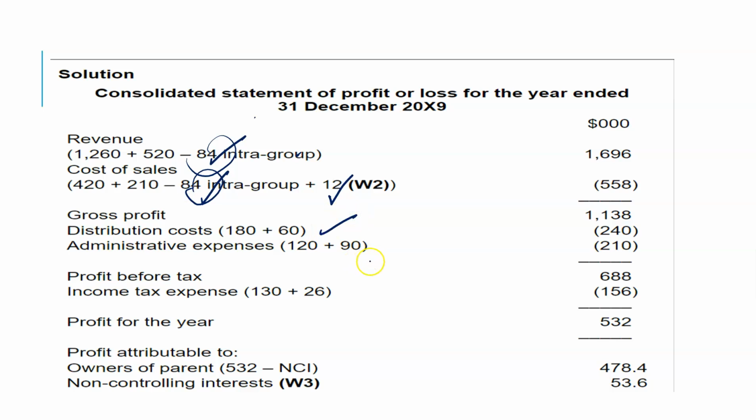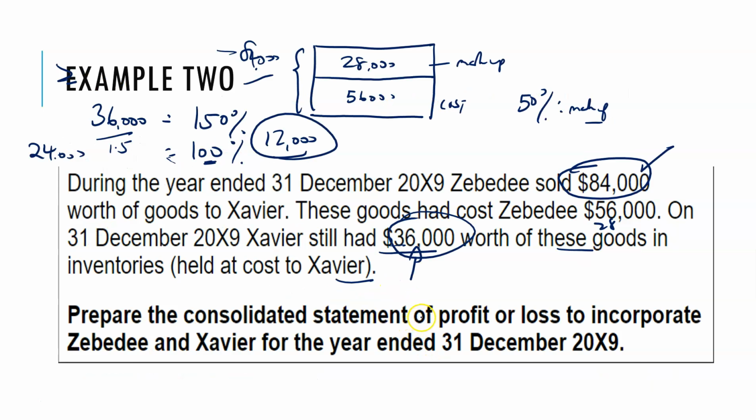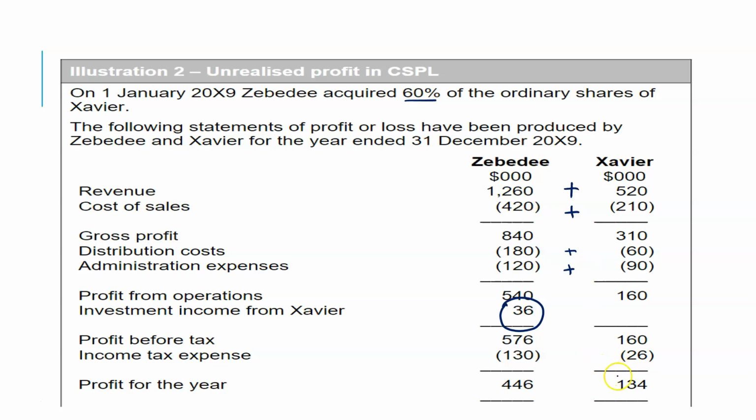There you are, adding the distribution costs, the admin costs, your income tax, and then with regards to this subsidiary, that's 134. You had 60%, which means the non-controlling interest had 40%. So 40% of 134 belongs to the non-controlling interest.